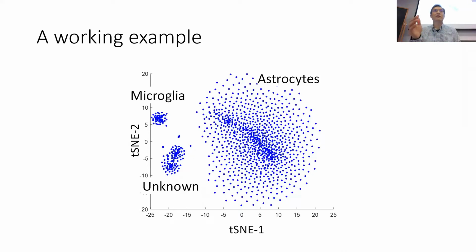Is it an easy one or a hard one? Yeah, Alex. It's probably going to be a little bit difficult just because of how spread out the astrocytes are. Yeah, so for us, to human eyes, it's intuitively simple. You have 3 clusters, but it's difficult for an algorithm because of the density issue, the astrocytes are spread out there.